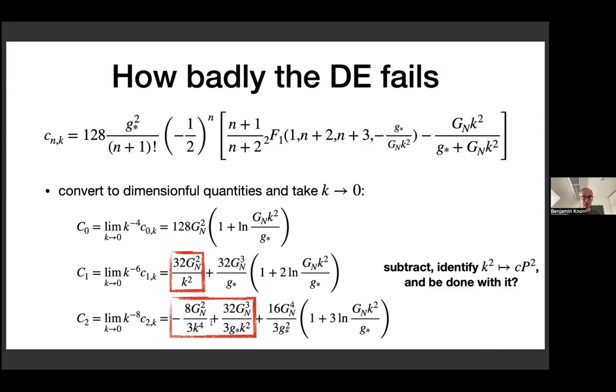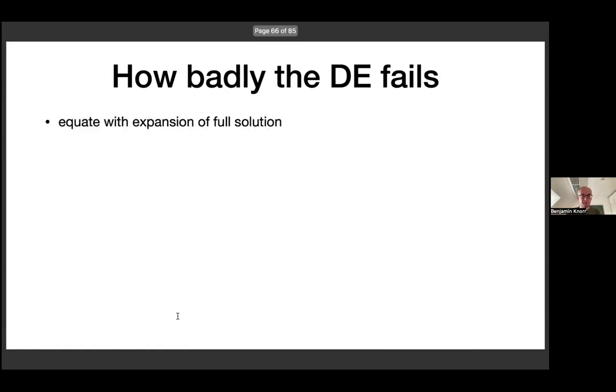And these have lower dimension in G. So let's suppose we subtract these and we identify k by some factor times p, because we still want to keep the logarithm, because there should be a logarithmic term, because there is this branch cut that is connected to physics after all. So let's try. Okay, I'm throwing out the red terms and I'm identifying.